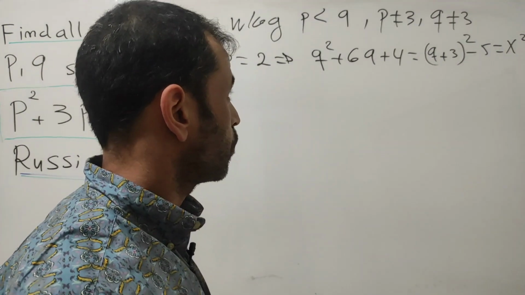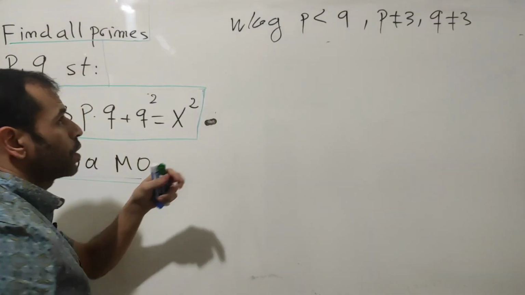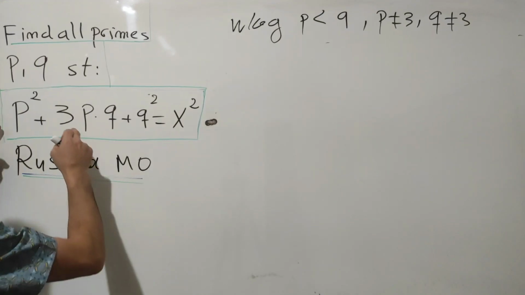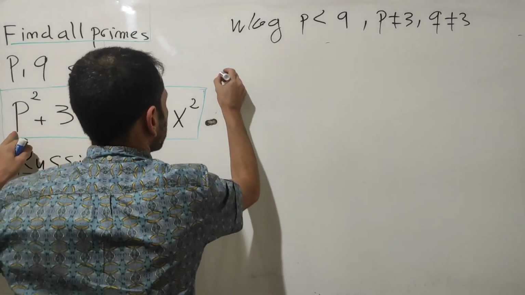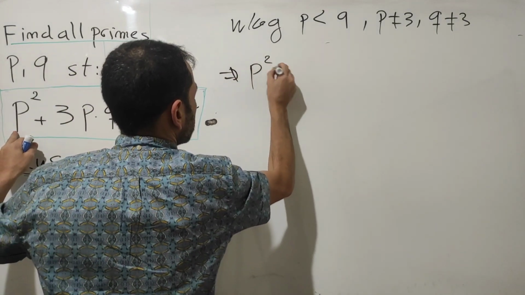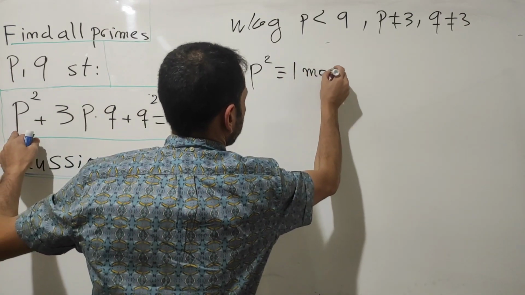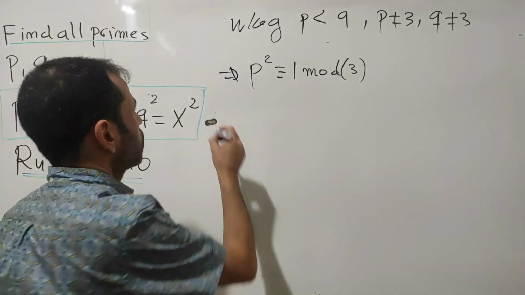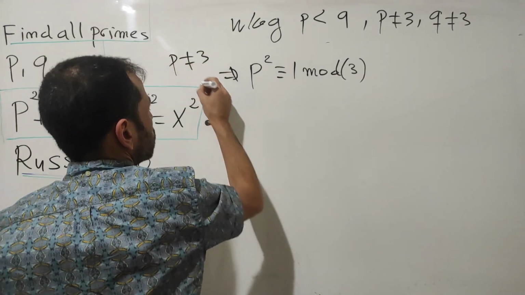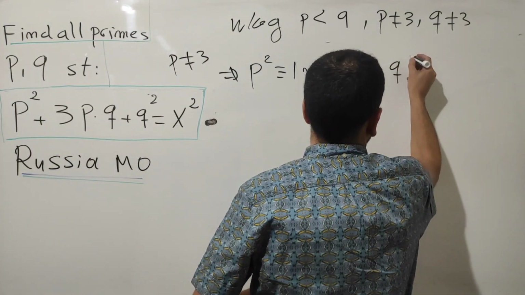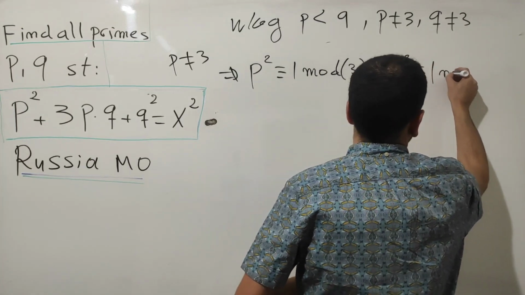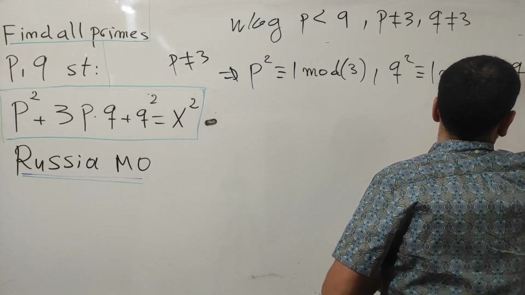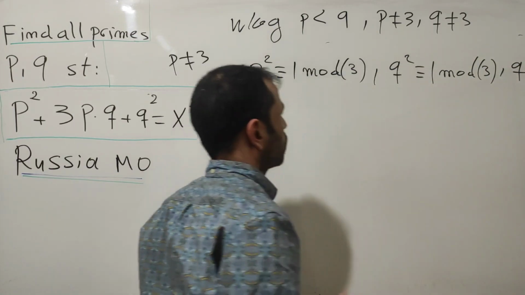Now let's move on to the general case. By using this fact, if p is not equal to 3 and q is not equal to 3, it is simpler. We get p squared is congruent to 1 mod 3, based on the information that we have before, with p not equal to 3. Also q squared is congruent to 1 mod 3, with q not equal to 3.